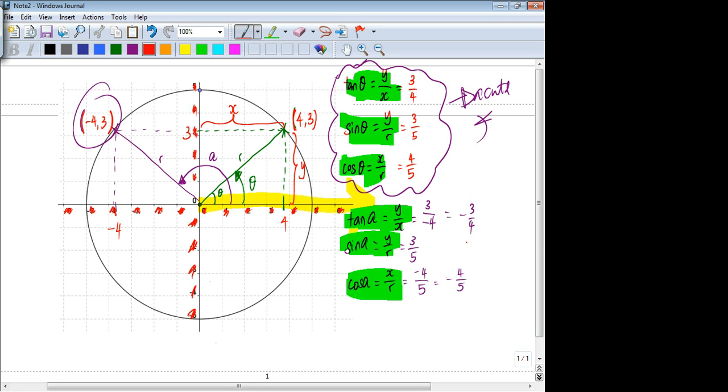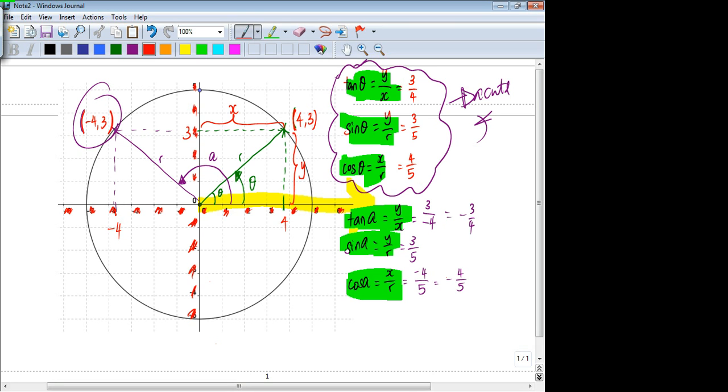Where did the negative sign come from? Is it from the y coordinate or the x coordinate? From the x coordinate. And why is that so? Because it lies on this side of the x-axis. These are all negative numbers.